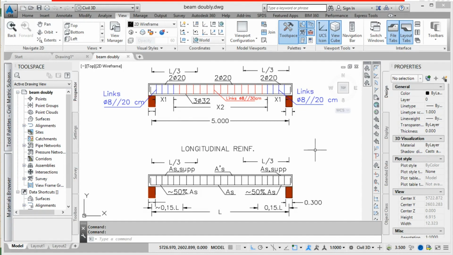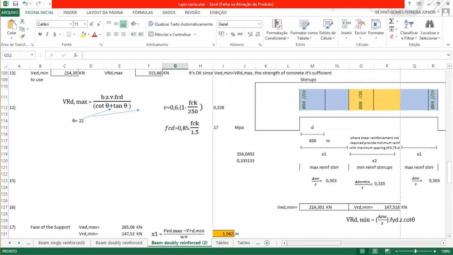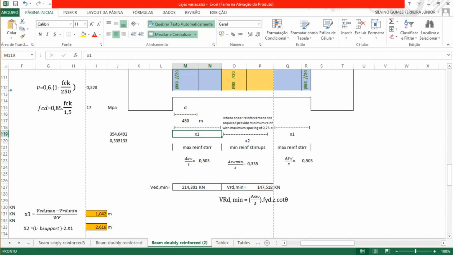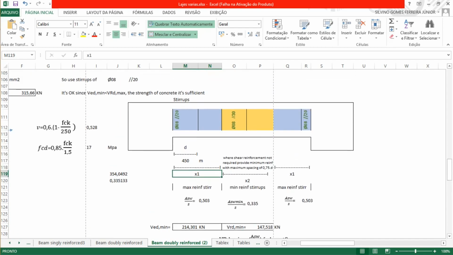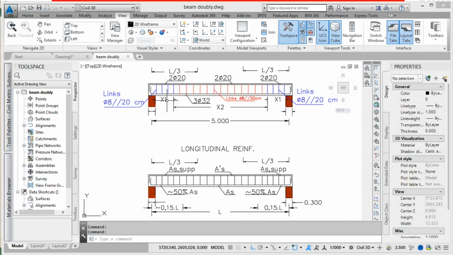and the links, these stirrups that we calculated here, that are on this corner at a distance of 1 meter, diameter of 8 millimeters spaced by 200 millimeters on the corner here, x1, diameter of 8 spaced by 200, and in the middle was links of diameter of 8 spaced by 300 in x2 distance.